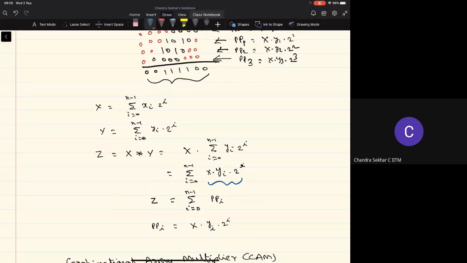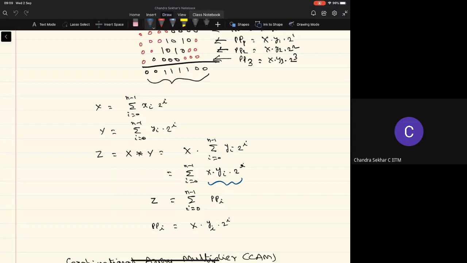So that's why it's a summation of PPi, i equal to 0 to n minus 1, where PPi is x yi 2 power i. Okay. So this product of x and yi will be represented by performing the AND operation of every bit of x with respect to yi. And this multiplication by 2 power i will not be done using any multiplier circuit. We perform spatial shifting and then bring in zeros into the least significant bits, like what we have illustrated there.